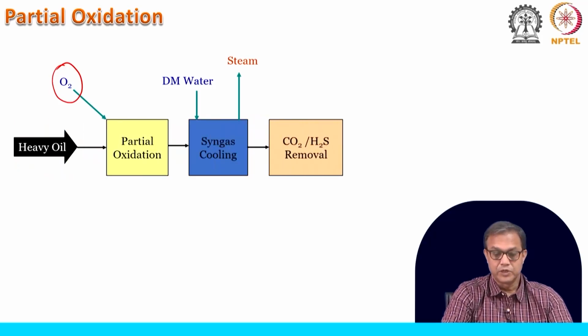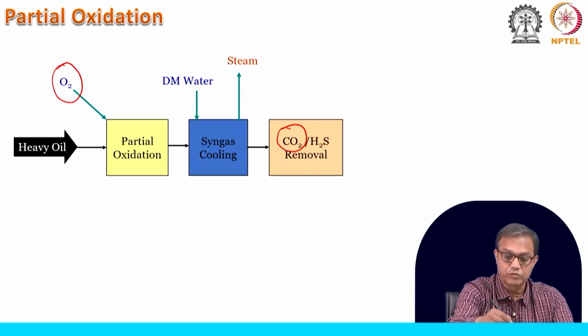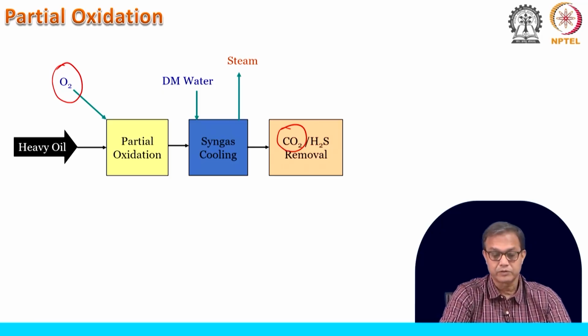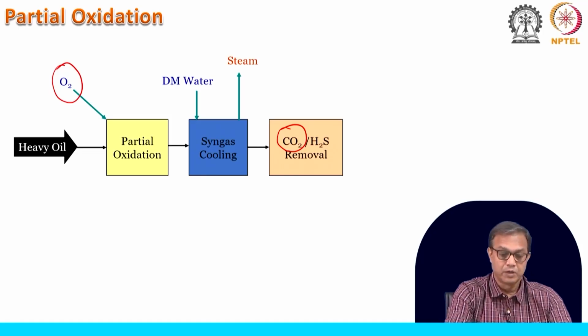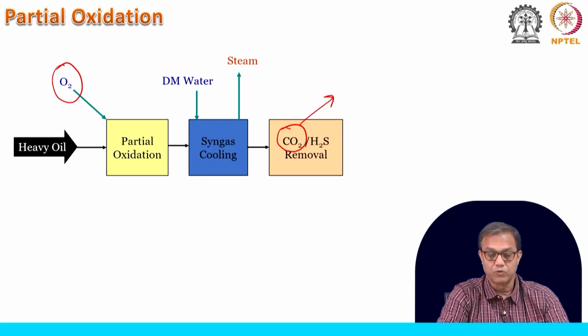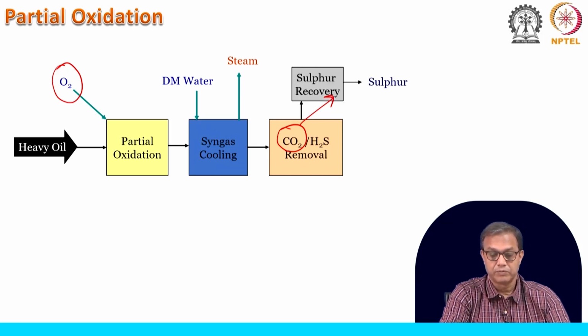Finally, in this syngas, CO2 and H2O have to be removed, and the concentrated CO2 comes out from here. The H2S that is separated from here, we use to generate sulfur, and that sulfur is often used for producing sulfuric acid, another important component in the chemical industries.